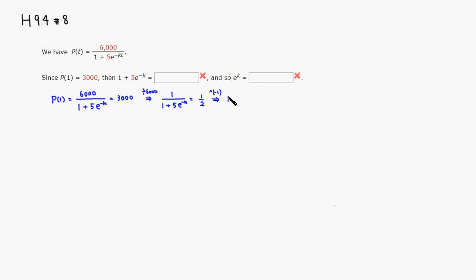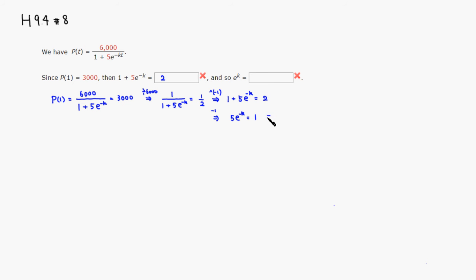We get 1 plus 5 e to the negative k is equal to 2. So the answer here is 2. Then we can solve for e to the k. First, subtract 1 from both sides. We have 5 e to the negative k equal to 2 minus 1, which is 1.